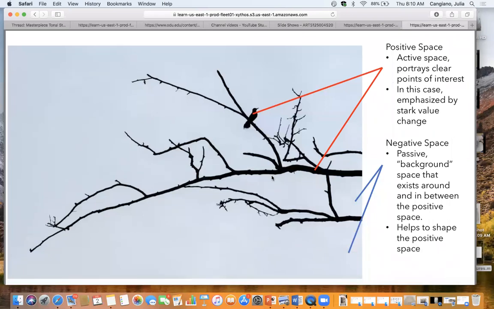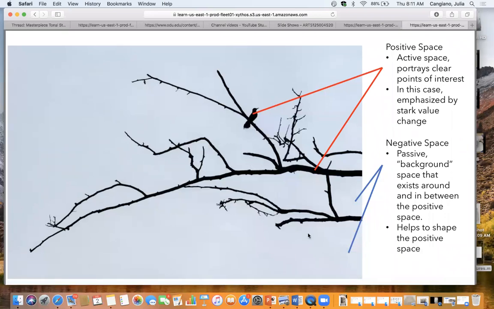So this is a really just kind of literally black and white, or almost white, explanation of positive space. So the branch and the birds are the clear active space, and then the sky, this kind of blue-gray background, it's a passive background, and it just exists around and between the active space.